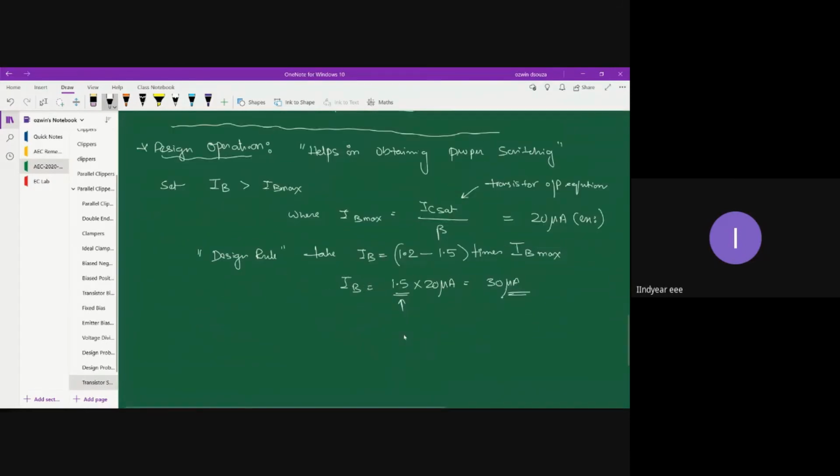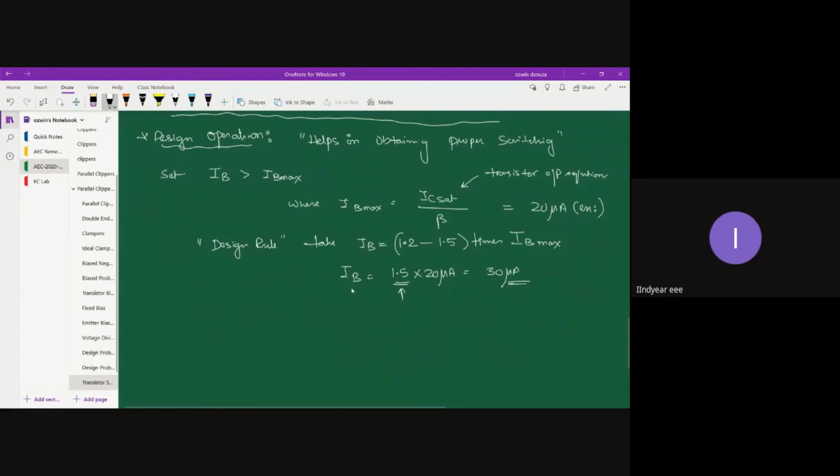Once this IB is found, you can find RB, the base resistance. So RB is VI minus VBE divided by IB. So IB is substituted from the previous step. So a three-step approach you have to follow.